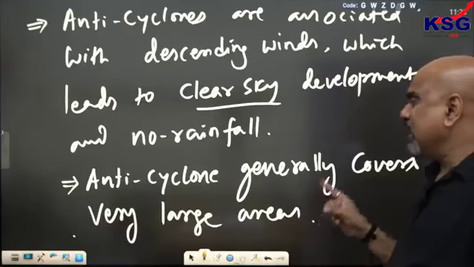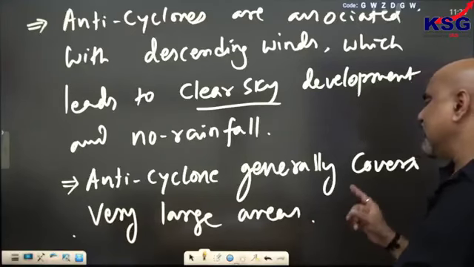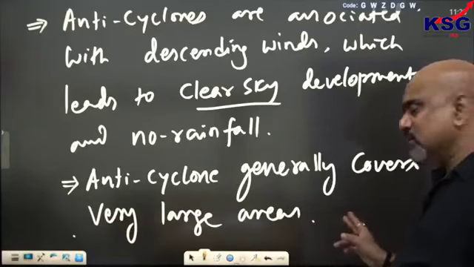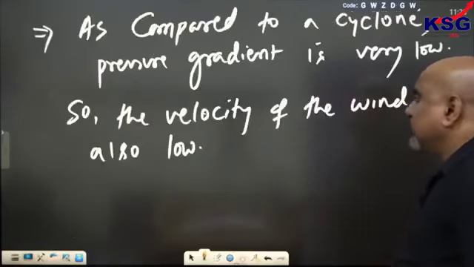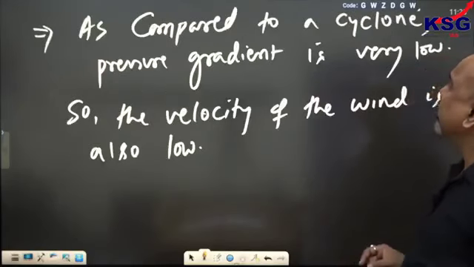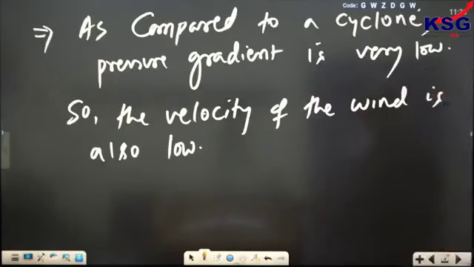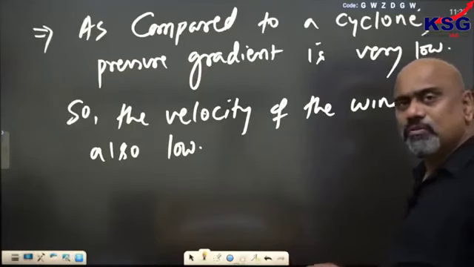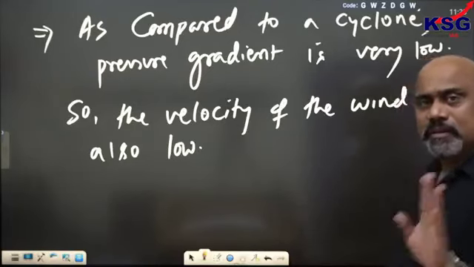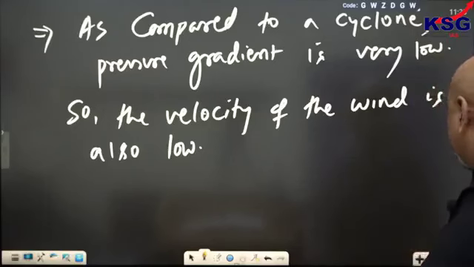Again I have said anticyclone generally covers very large areas. Cyclone में छोटा area था, anticyclone large area. As compared to a cyclone, pressure gradient is very low, so the velocity of the wind is also very less.